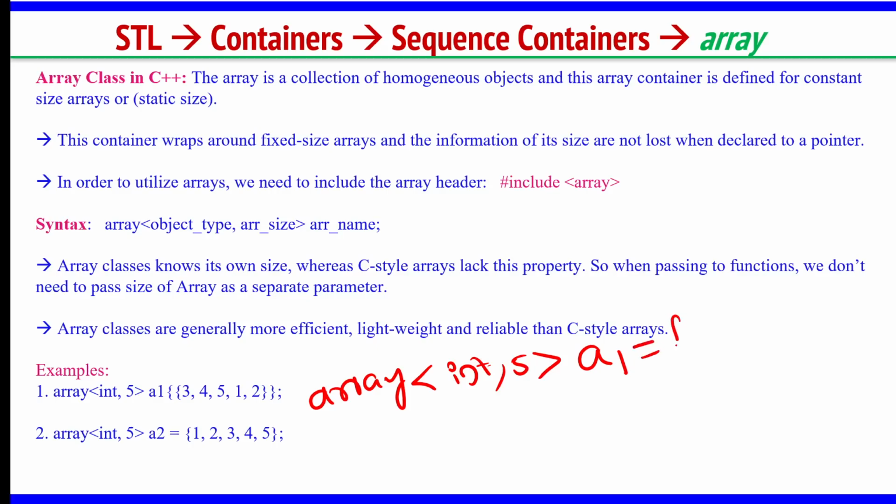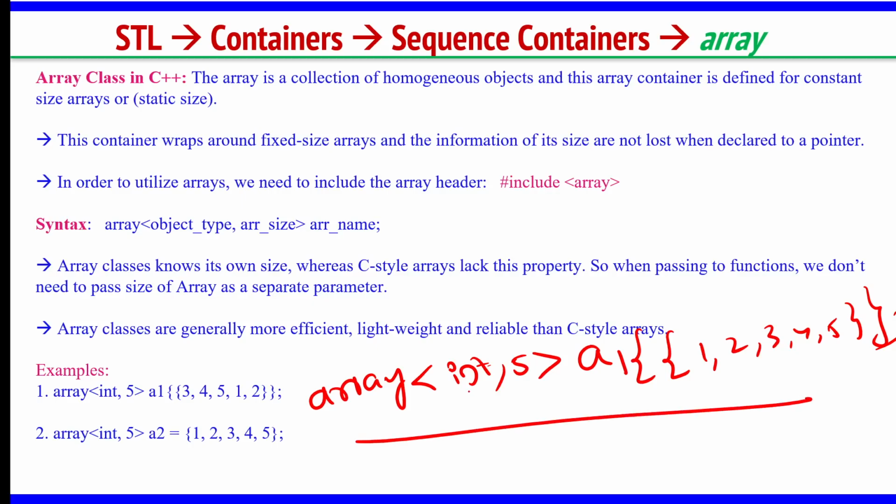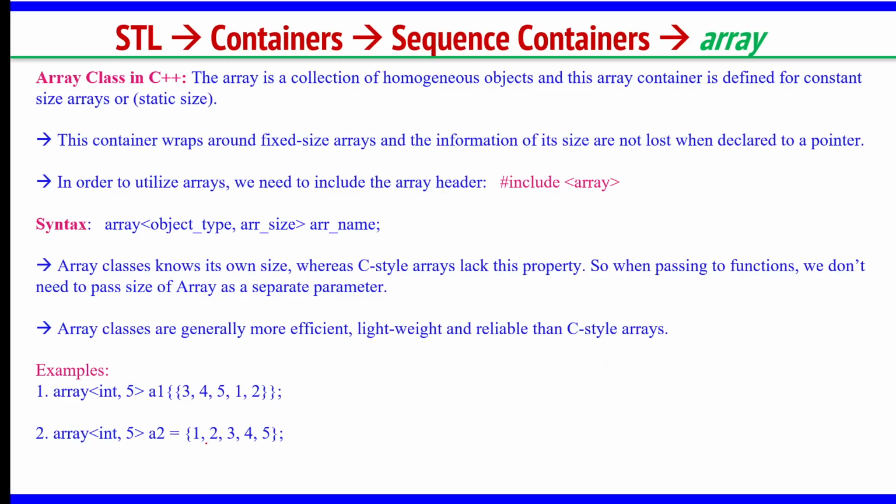Either you can put equal to and put the elements in flower brackets, or you have to put double flower brackets 1 2 3 4 5 like this. Without the equal to symbol, you can give it like this also. Both will create an array a1 of size 5 with these elements. Both will do the same task.